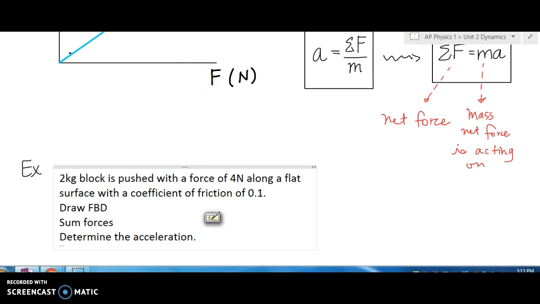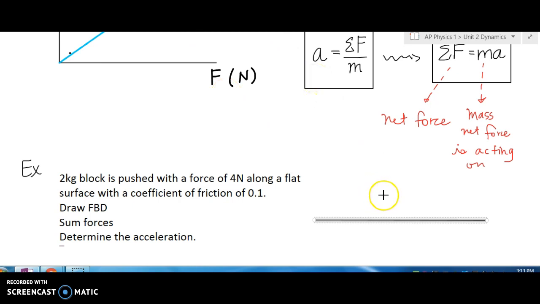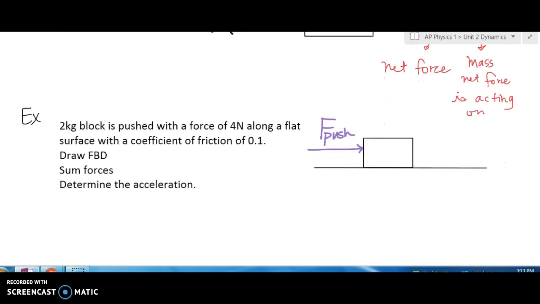There's a flat surface, and we've got just a block sitting there, and then we've got a force acting on it. This force push. So that's like the picture. My 2 kilogram object. You've got a rough surface here, so if you want to put some zigzags on there to make it look all rough and ugly, that's cool.